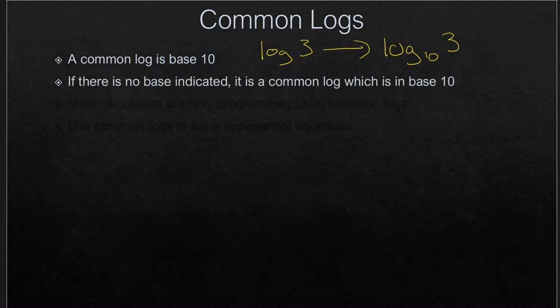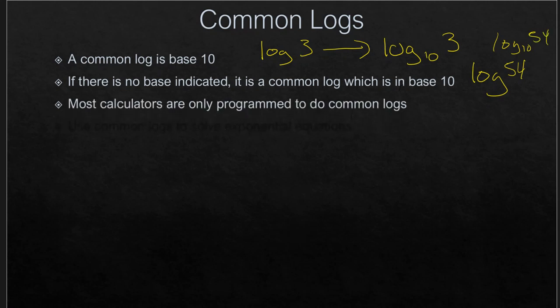All right, so again, this is just reiterating that if there's no base indicated, it is a common log, which means it's in base 10. So if you saw something that just said log of 54, that means it's the log in base 10 of 54.